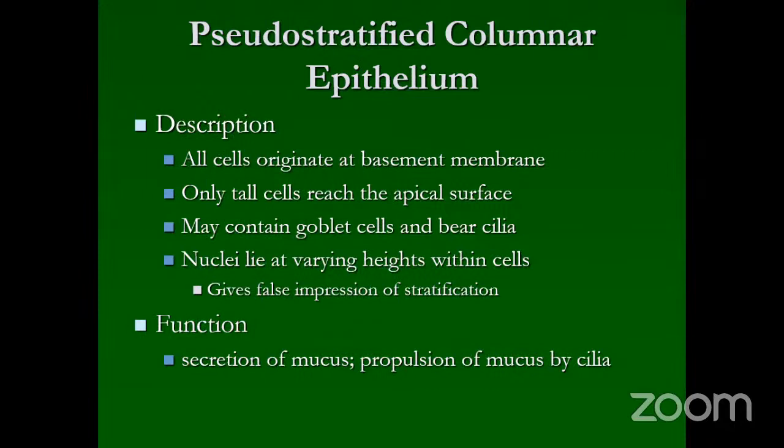So therefore it will give you the impression of stratification. That means whenever we look at a single instance, we'll think they are maybe multi-layered, but actually they are single layered. That's why it is called pseudo-stratified. Got it? And their function is mainly in the mucus secretion and propulsion of mucus by cilia.